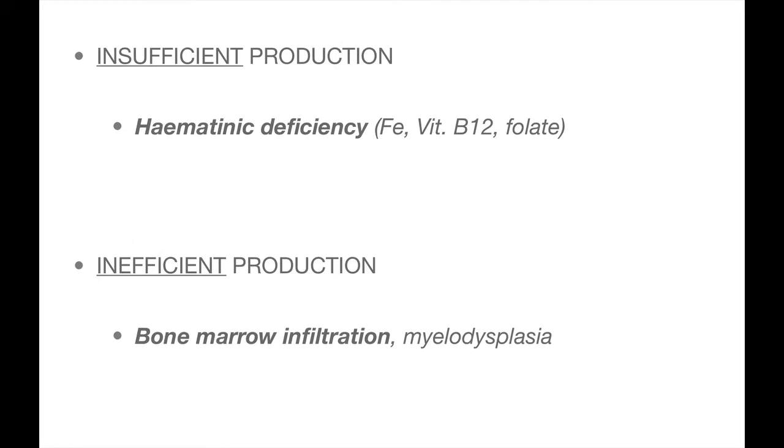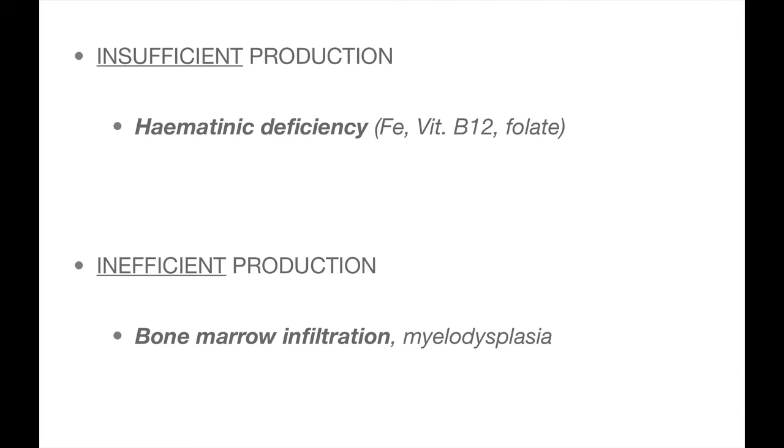Let's start by looking at anemias due to reduced production. Essentially, you can have reduced production because there is either insufficient production or there is inefficient production. In insufficient production, there are not enough of the core elements available to produce red cells, and this is what is broadly defined as hematinic deficiency.